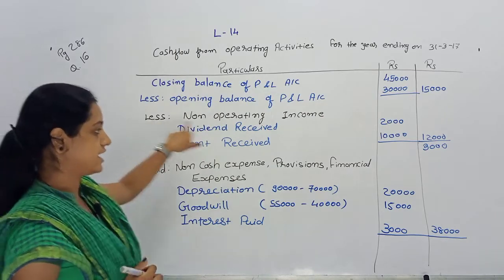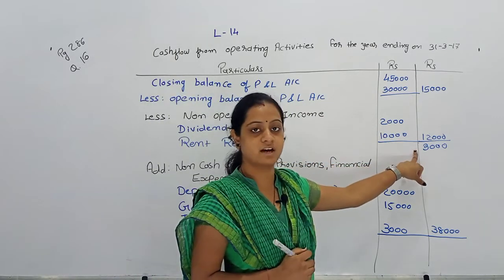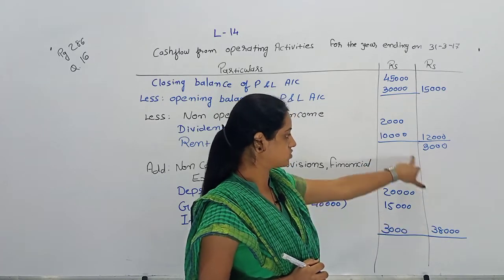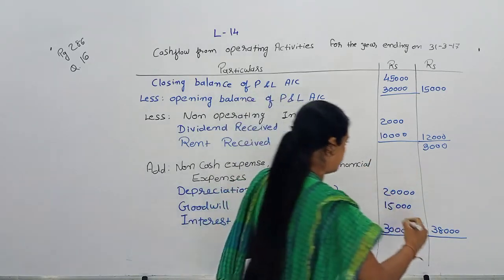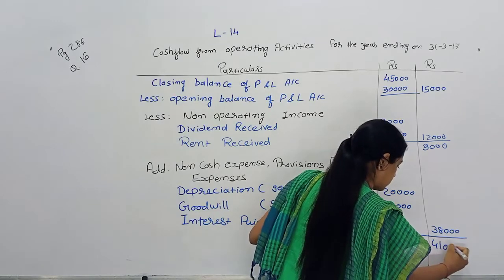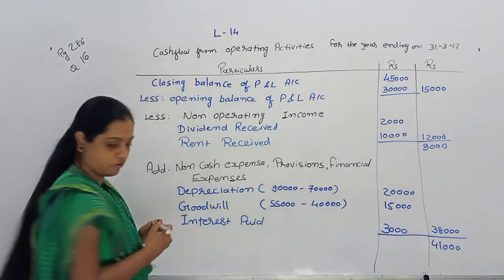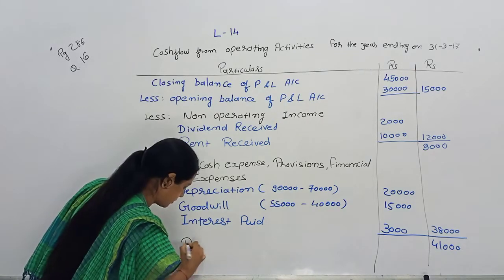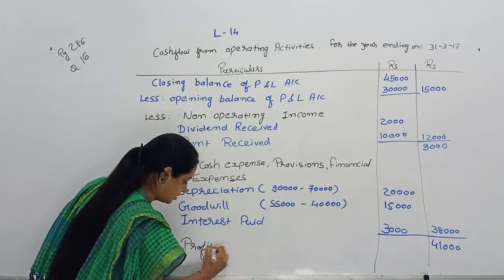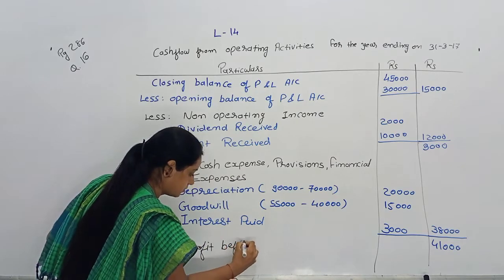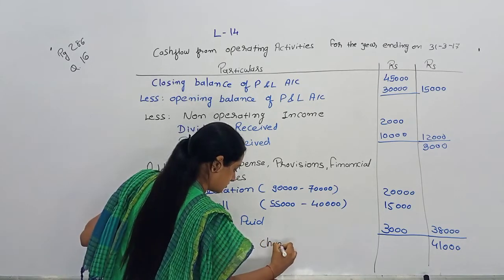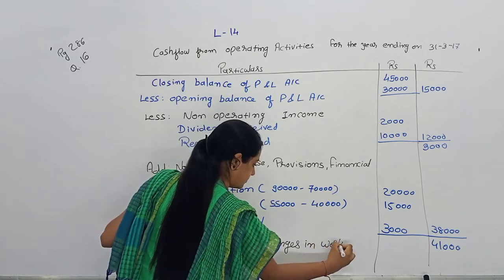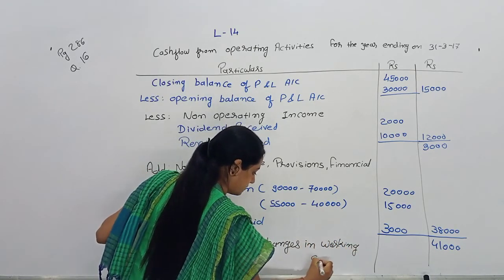Then we have less 12,000 and we get the answer 3,000. Now we have to add 38,000 in 3,000. So our answer will be 41,000. This is the answer of profit before changes in working capital, right?